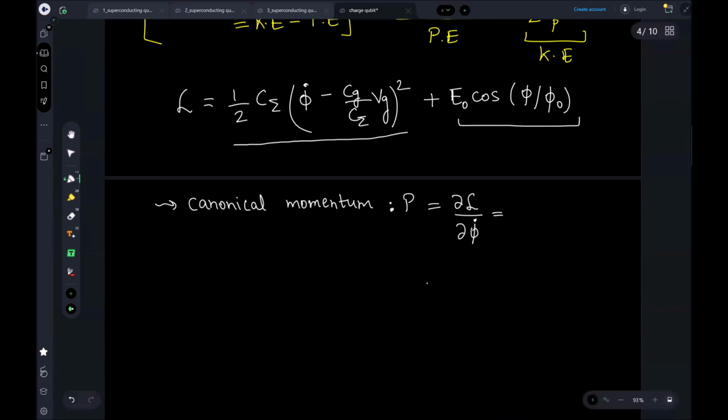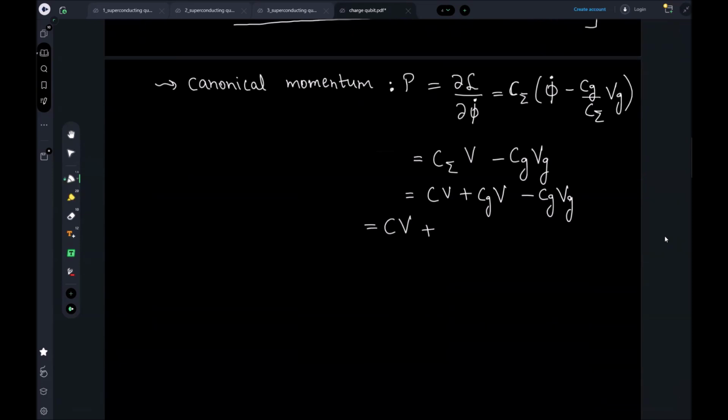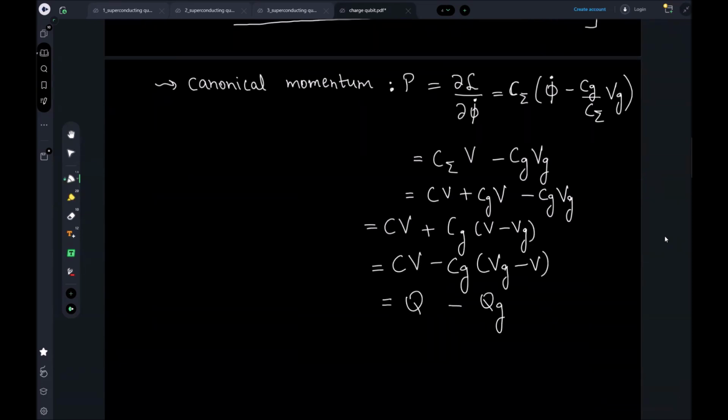And so if we take, I'm sorry, not the time derivative, the derivative with respect to the rate of change of flux of the Lagrangian here, what we are going to get is the following expression. Now I have actually simplified the expression of the canonical momentum, and this is what we get.